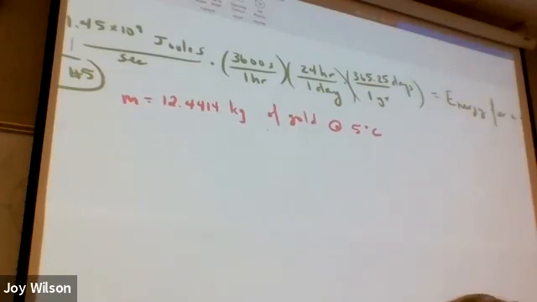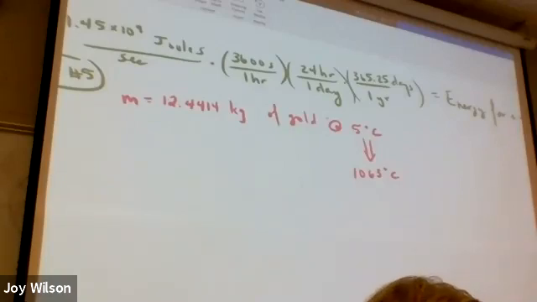If the specific heat of gold is this, and the melting point of gold is 1063, calculate the heat of fusion of gold. Okay, so what do we need to do? First, we need to get the gold up to 1063 because we got to heat it up.